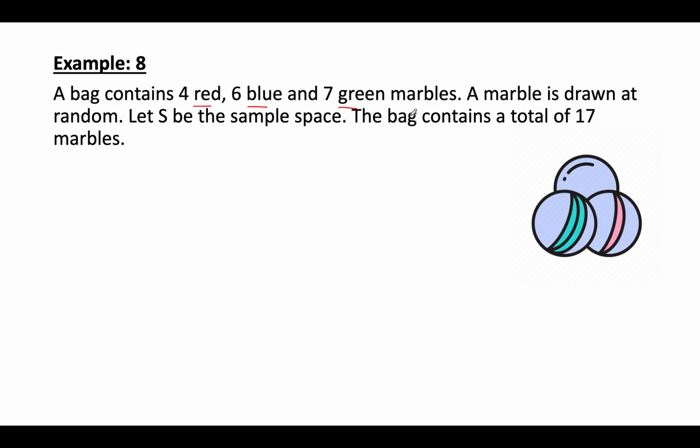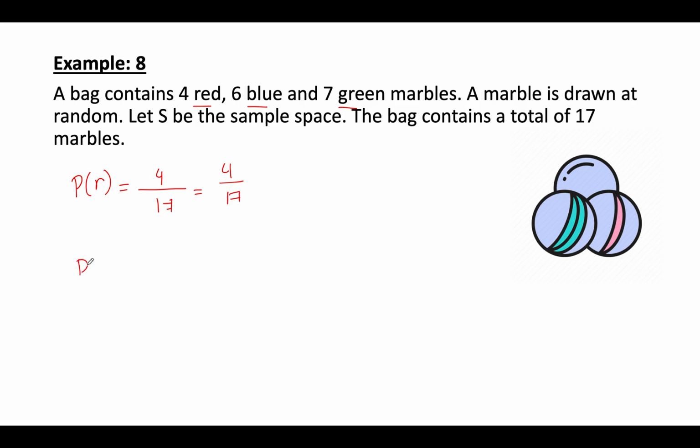Now, the probability of getting a red marble is what I want, a red marble. How many red marbles are in this bag? I've got 4. The total number of marbles in this bag is 4 plus 6 plus 7, which equals 17. So the probability of getting a red marble is equal to 4 over 17.